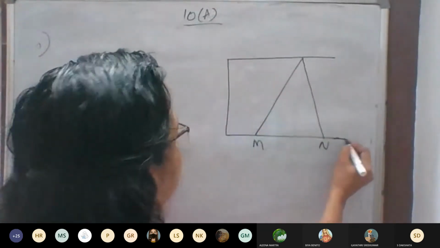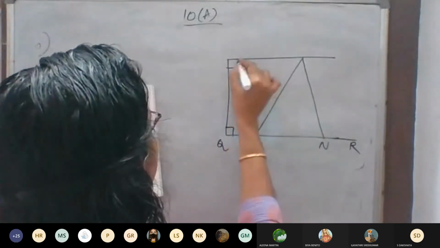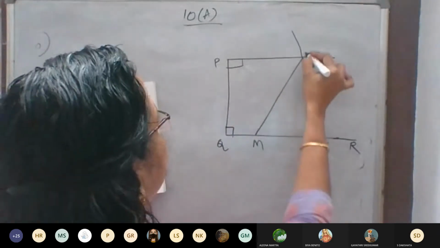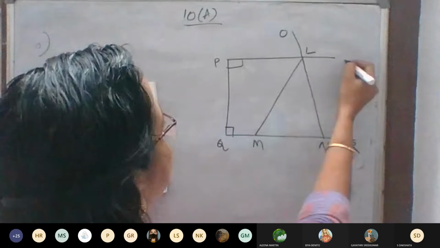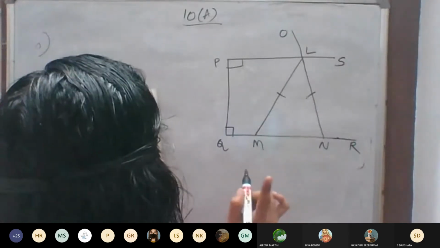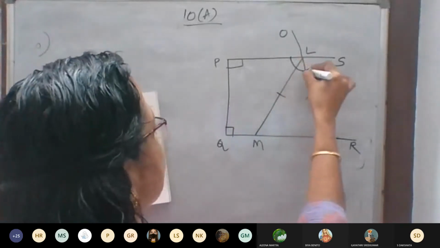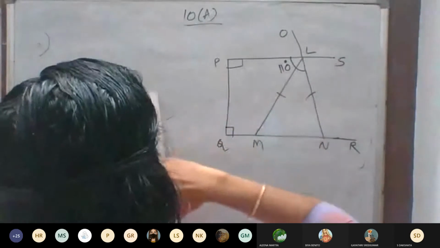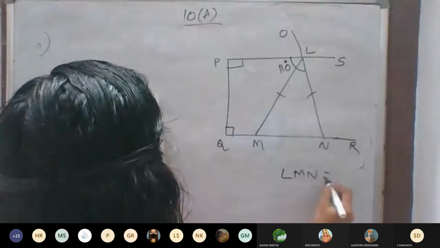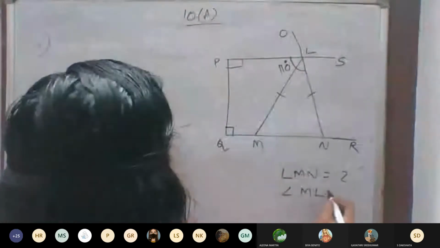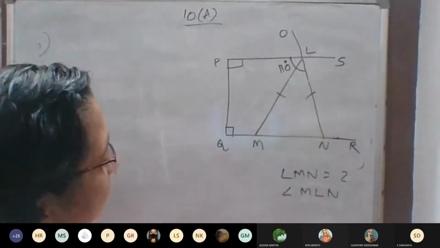This is R, Q, P, L, O. So angle PLN is given as 110 degrees. LM is equal to LN, given. We have to find out LMN and angle MLN.